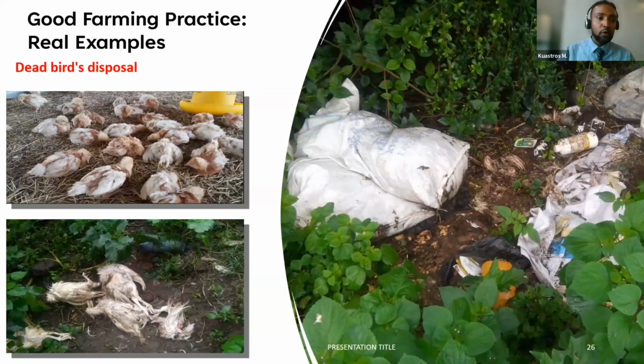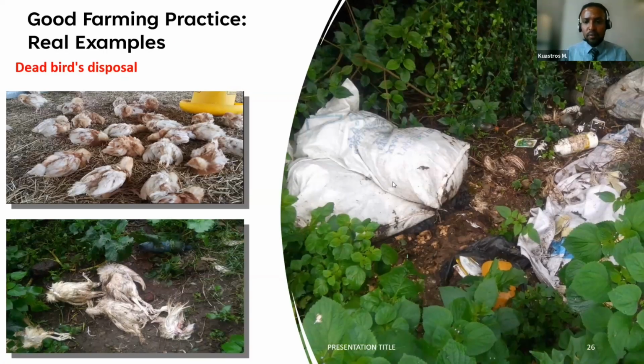And disposal of dead animals is also one of the critical issues and can be considered one of the bridges in good farming practice.